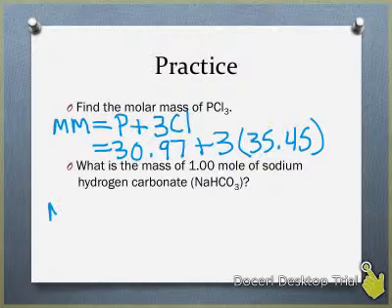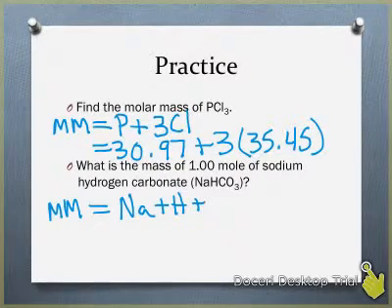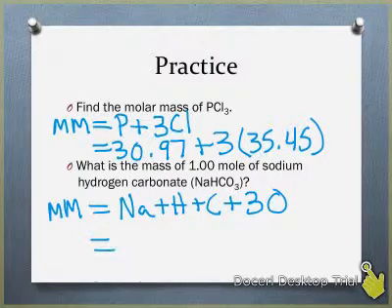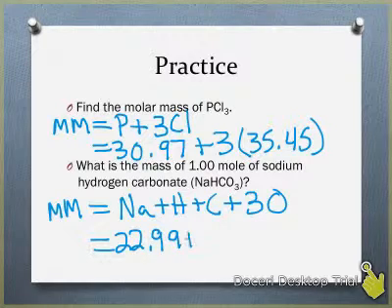So to find my molar mass, how many sodiums do I have? 1. How many hydrogens do I have? 1. How many carbons do I have? 1. How many oxygens do I have? 3. All right. So then I look up the values on the periodic table. Sodium is 22.99. Hydrogen is 1.01.